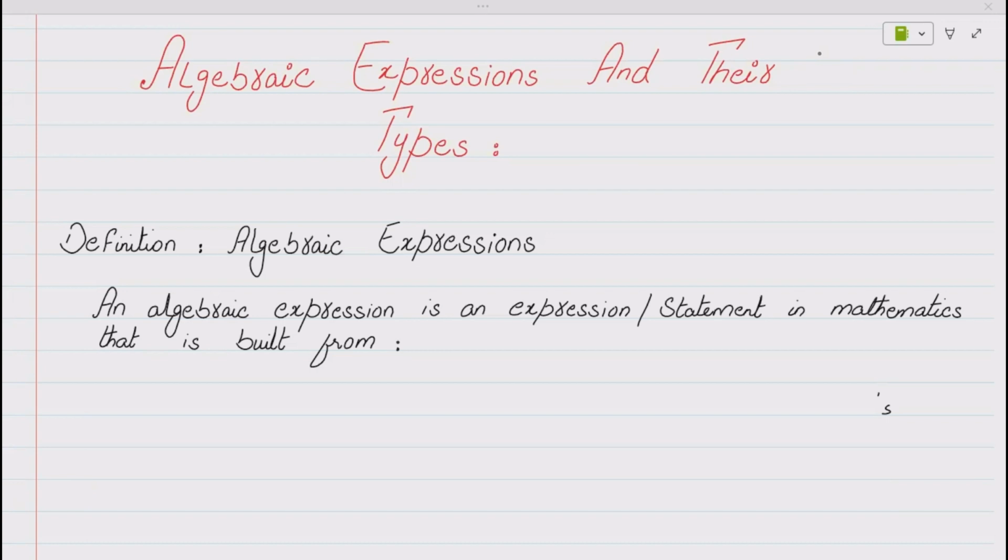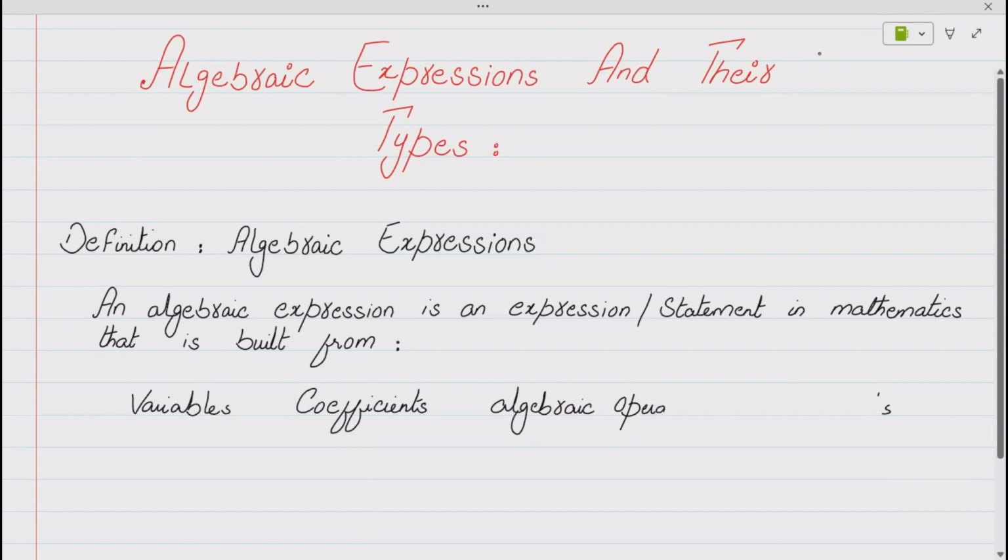Let's learn. So the first objects are variables. The second objects are coefficients. The third objects are algebraic operations, and the fourth one are constants.